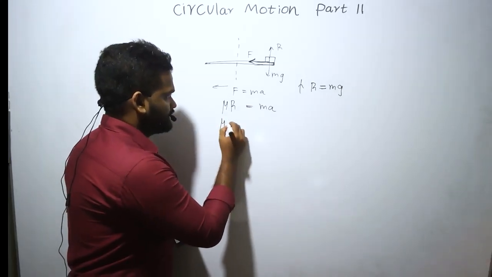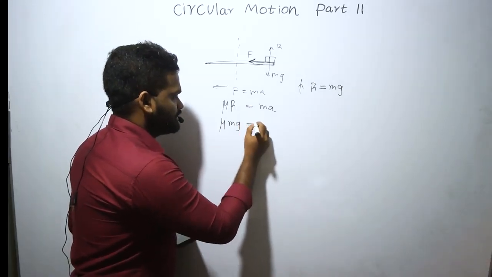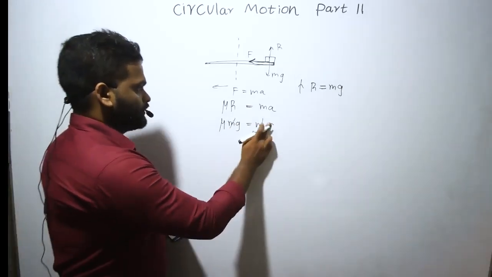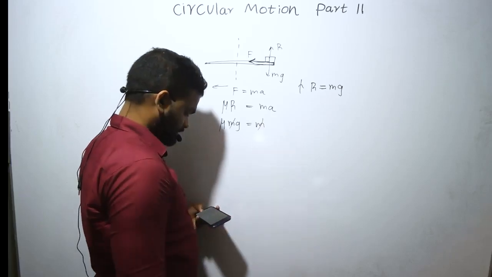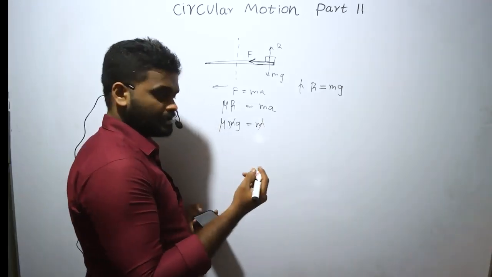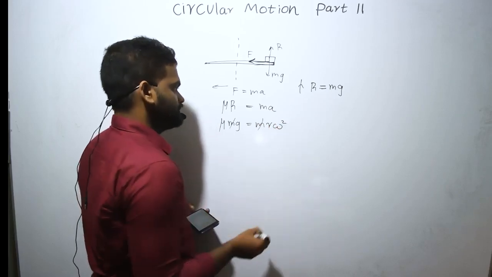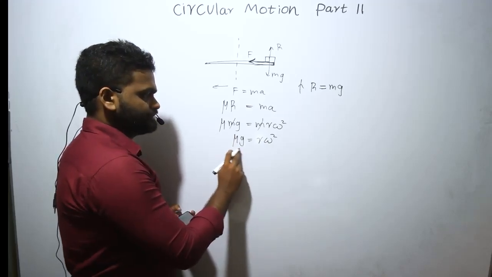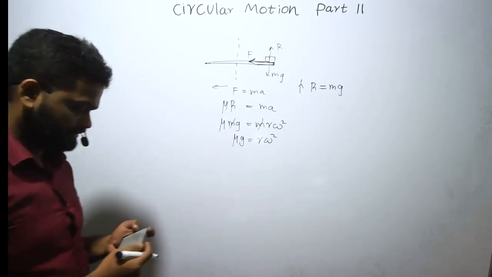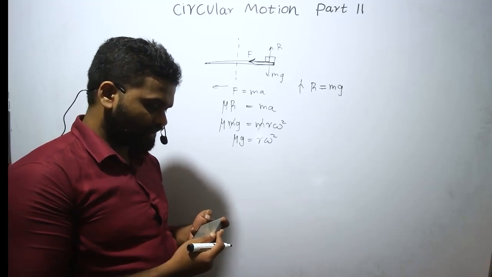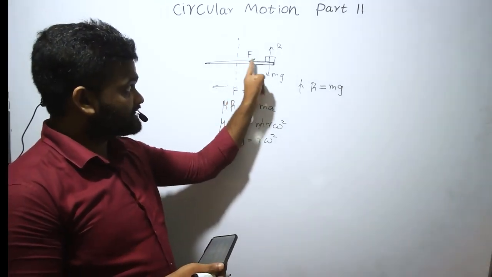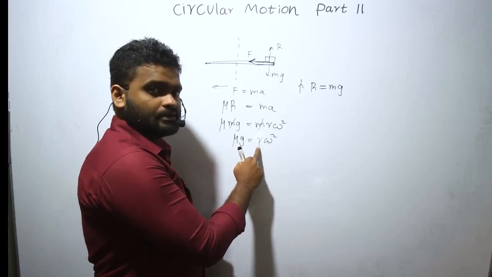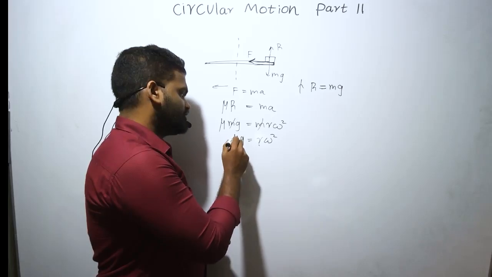Right, I'll just substitute it here first. Instead of R, mg, ma. For a, I'll just substitute. Since they are talking about omega, I'll substitute r omega squared, right? Then you get this equation, r omega squared equals mu g. So according to the question, what they change is distance from the center. So basically they are changing this r, right? So according to r, what changes is omega. They are not changing the surface.